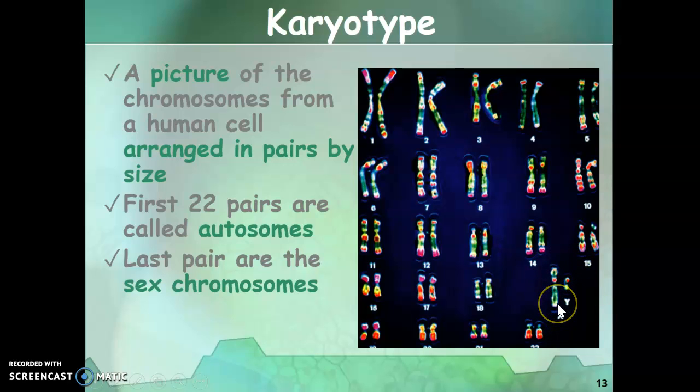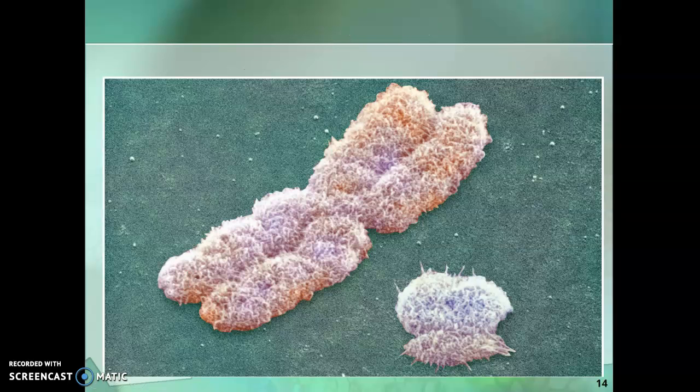So XY would result in a male, and XX would result in a female. Here is an electron micrograph of these chromosomes, and you can see the DNA strands in here and how it is coiled up. So this would be an X chromosome, and this is a Y chromosome.